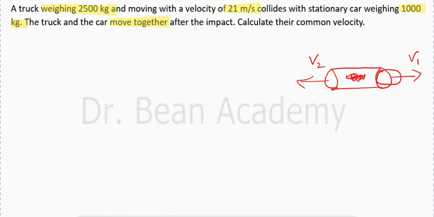And I told you that whenever you have a problem in which a system is composed of two or more components that are combined, and then something happens and they are separated from each other, in such problems always use the law of conservation of momentum. Of course, you are given the relevant masses as well.